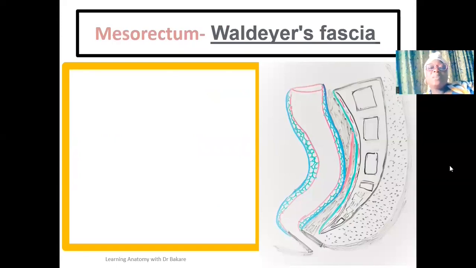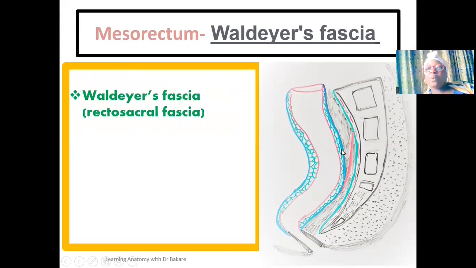So let's look at the Waldeyer fascia. The Waldeyer fascia is also an interesting part of structures that are located behind the rectum. Remember, we already established that we have a space that is called the retrorectal space or the presacral space. This space is what is highlighted in black, and it's created between the mesorectum and also the presacral fascia. You see that within this space, we have the Waldeyer fascia, which is also referred to as the rectosacral fascia.